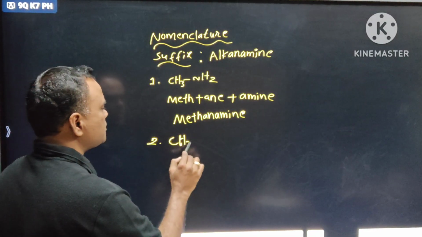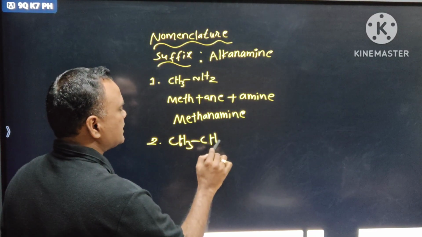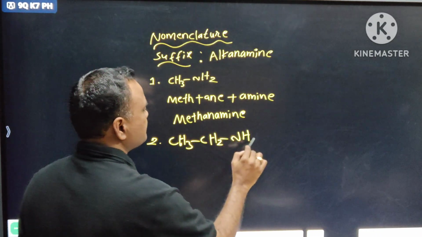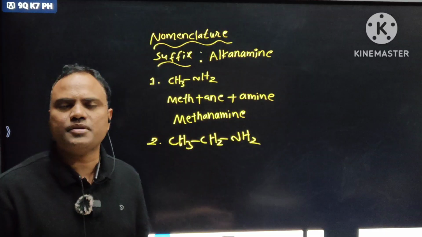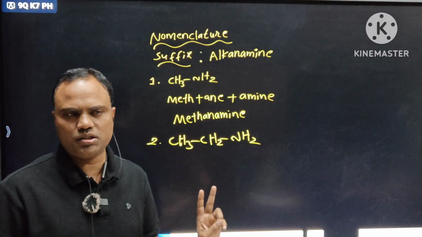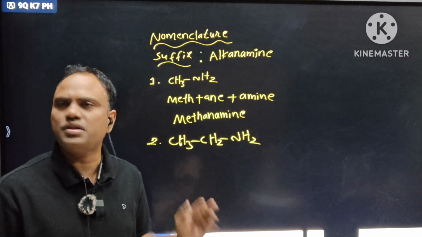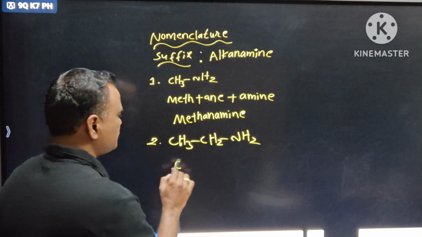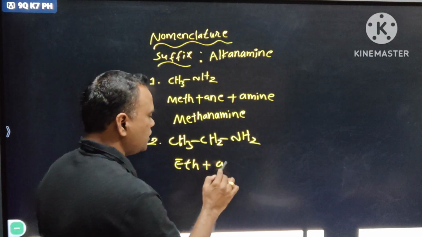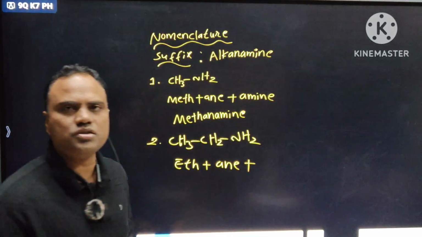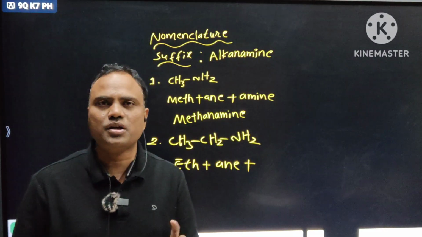First simple examples, then we will increase the depth. Same procedure. How many carbons are present? 2 carbons are present. Eth plus an plus amine. Eth, because 2 carbons are the root word. Why are we writing an? Because there is no carbon-carbon double bond or triple bond.